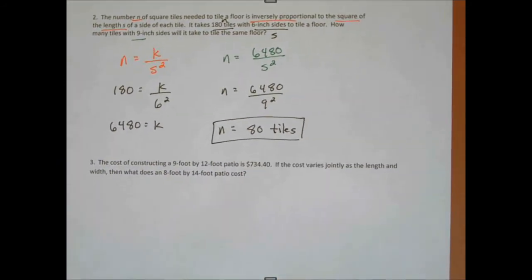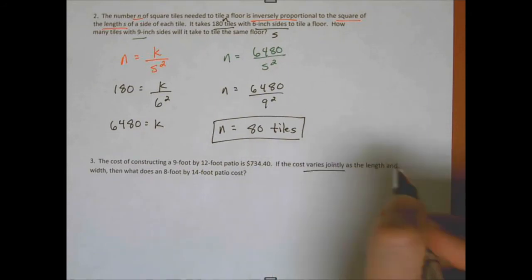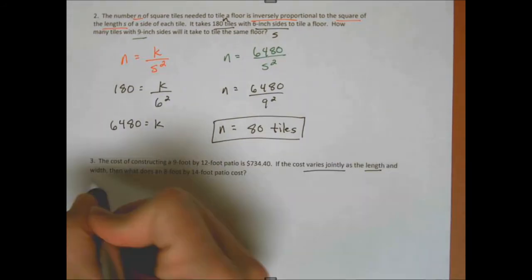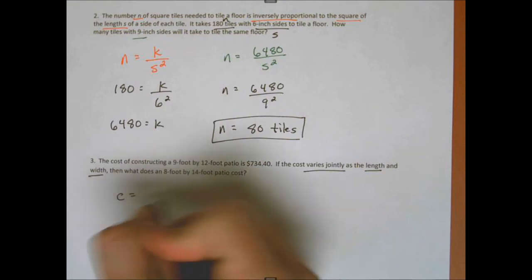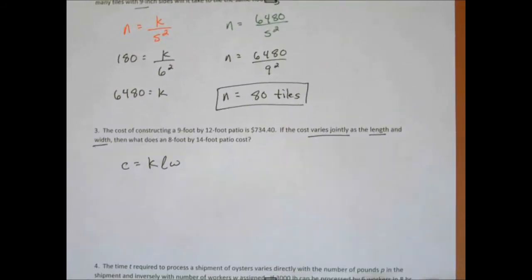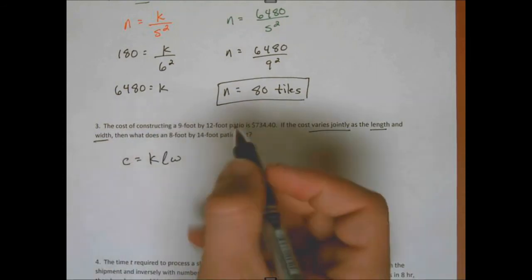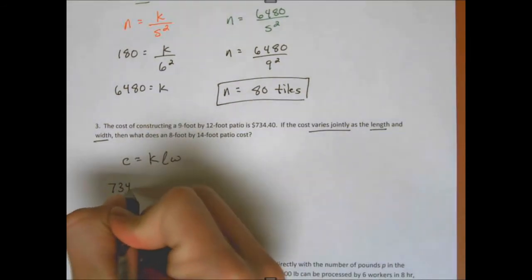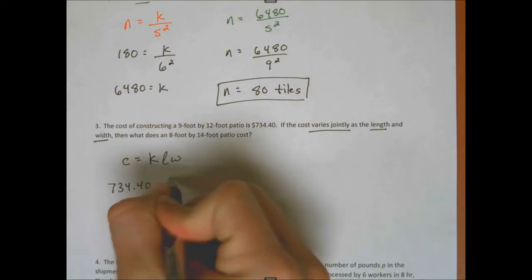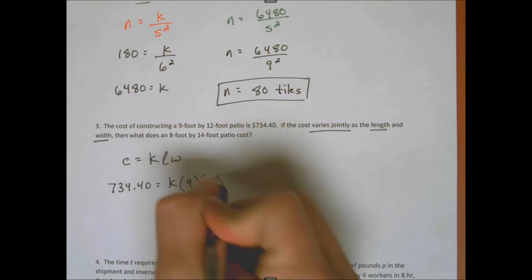Okay, go ahead and pause the video and try number 3. This one says the cost varies jointly with length and width. So we have the cost, the varies gives us our constant, and then length and width. Varies jointly means to multiply. We know the cost is 734.40. We don't know k. We know the length is 9 and the width is 12.